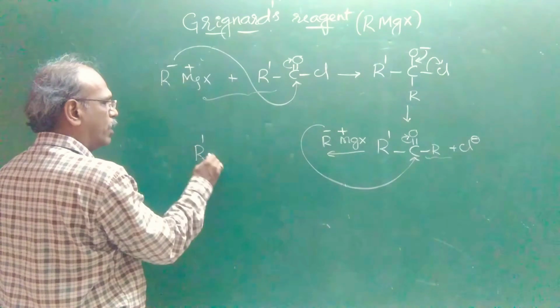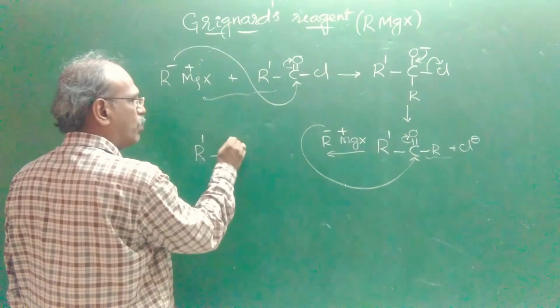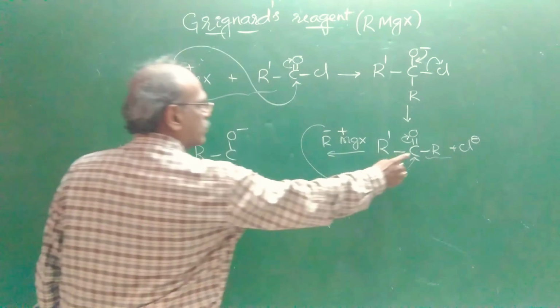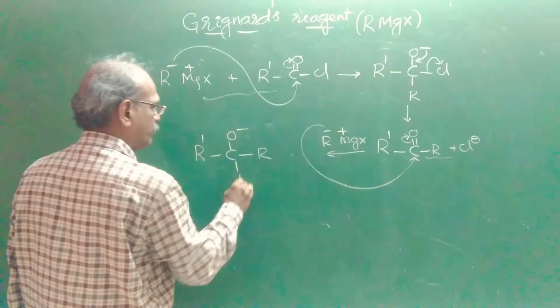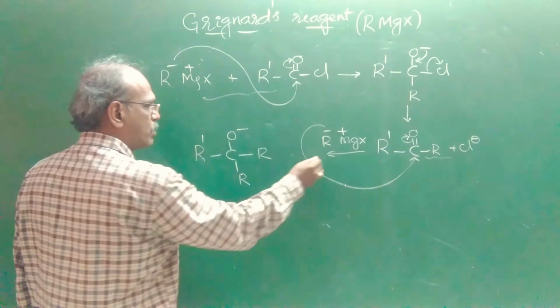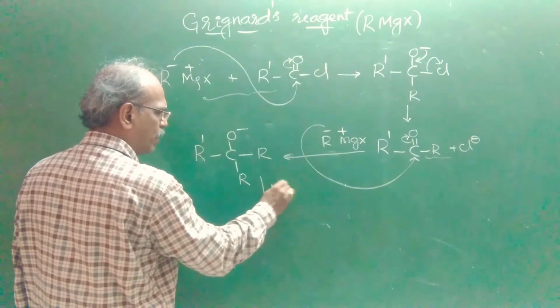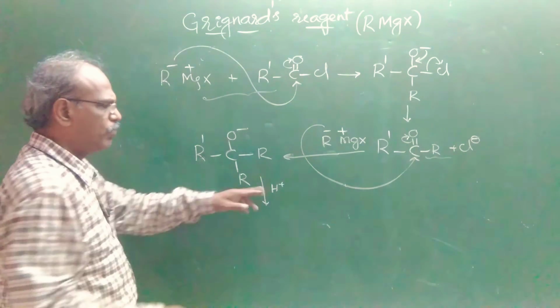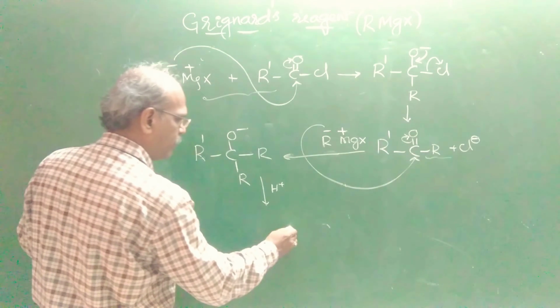Now what do you get? R dash C single bond O minus, here R and this R. This is the product. After acidification, sometimes they may or may not give, they give the product directly.